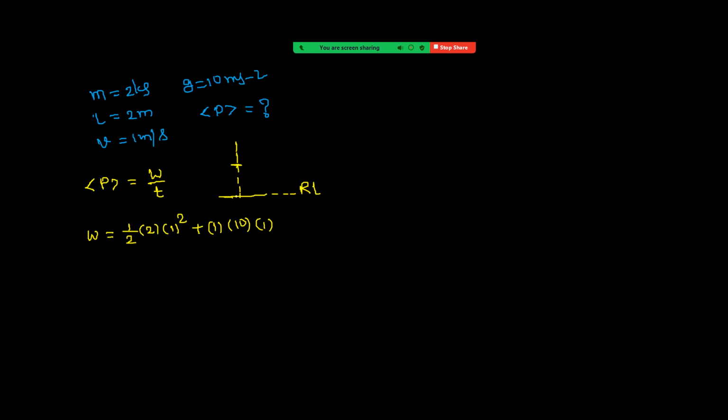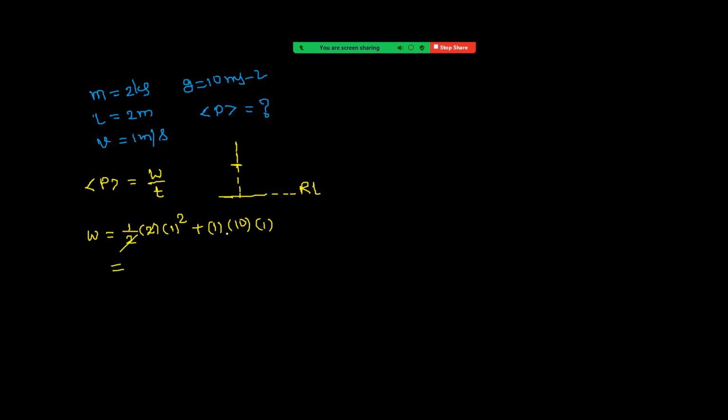If you remember, in the previous lecture we discussed that to find potential energy we have to take integration. But if the distribution of mass is uniform, we can take directly the center of mass, that is the midpoint. Okay. So this is the energy gained: kinetic energy half m v square, gravitational potential energy m g h. Okay, this is the work done.